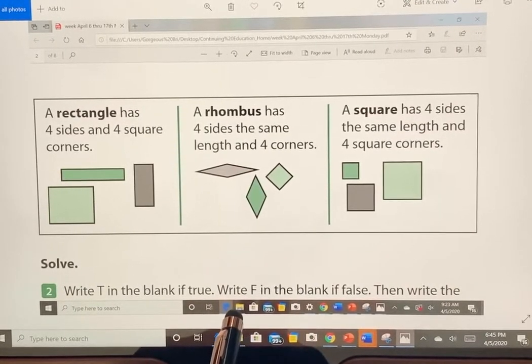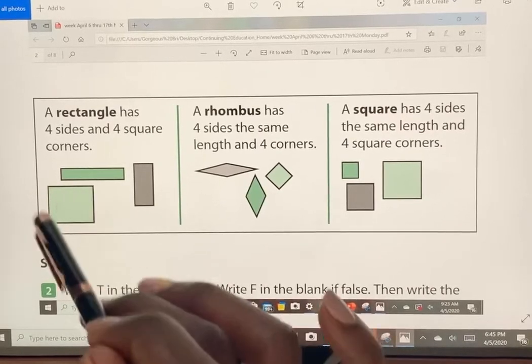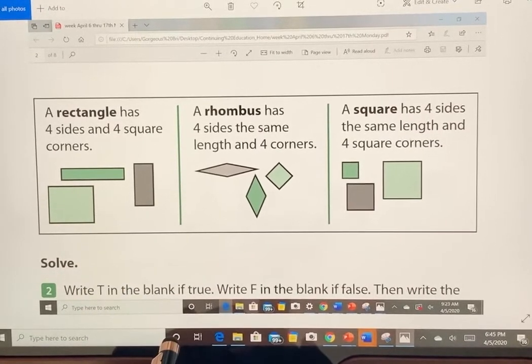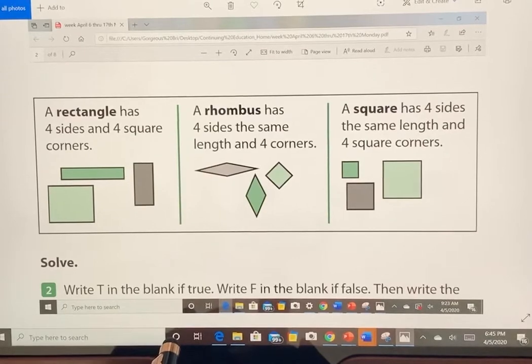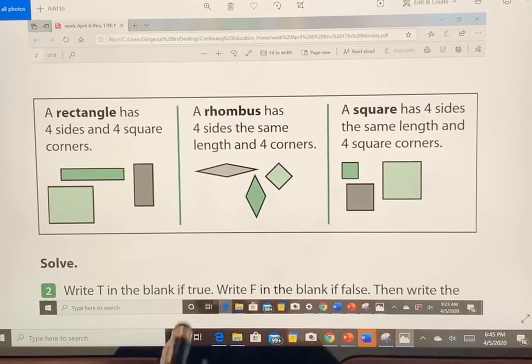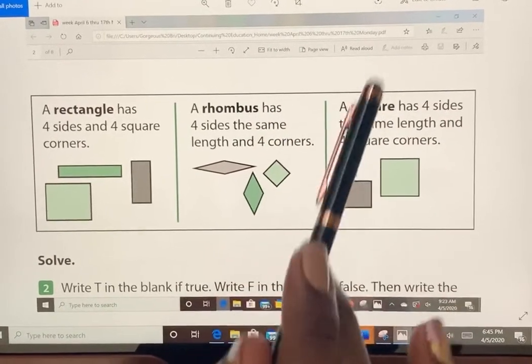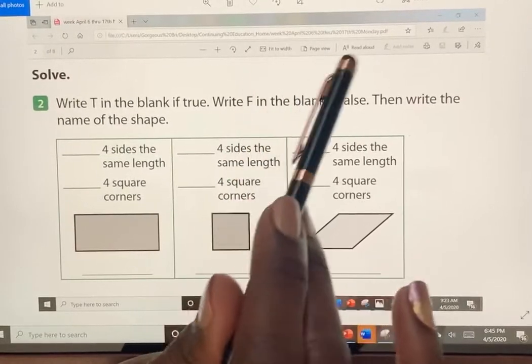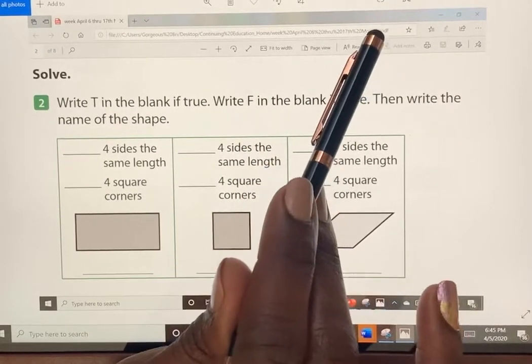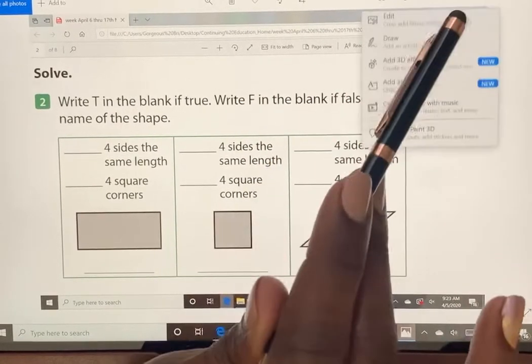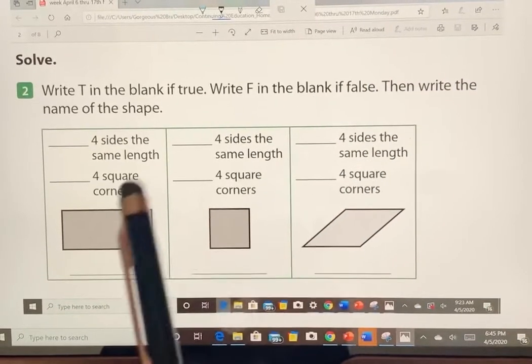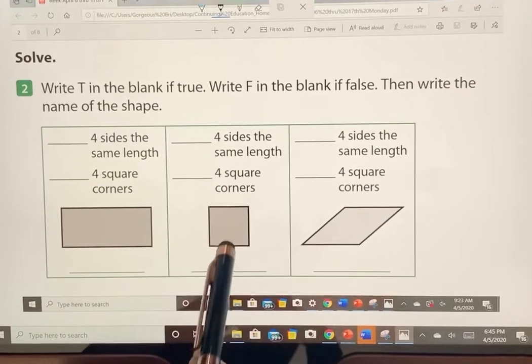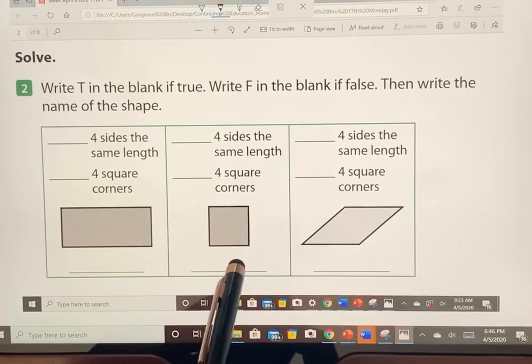Our shape here appears to be that shape. So let's go back and see if that's true or false. So I would say yes, this is 4 square corners.